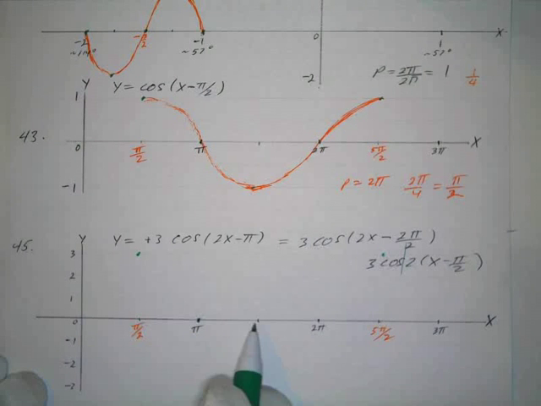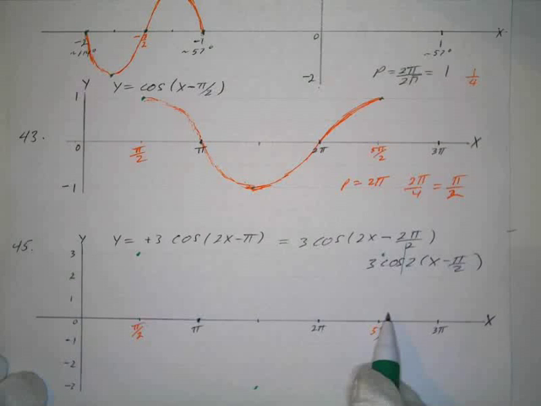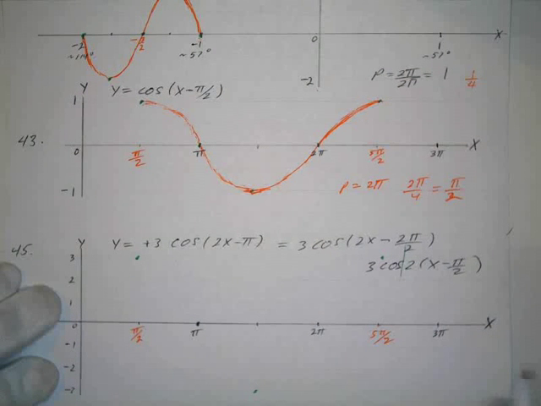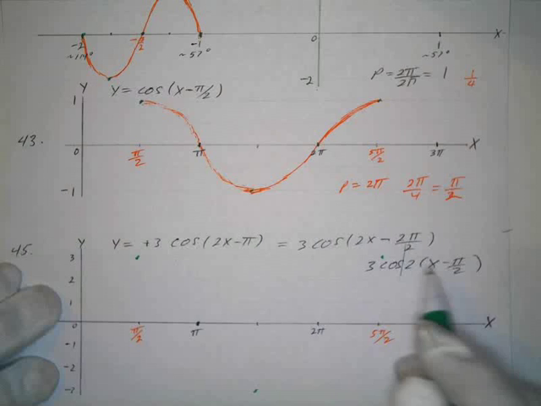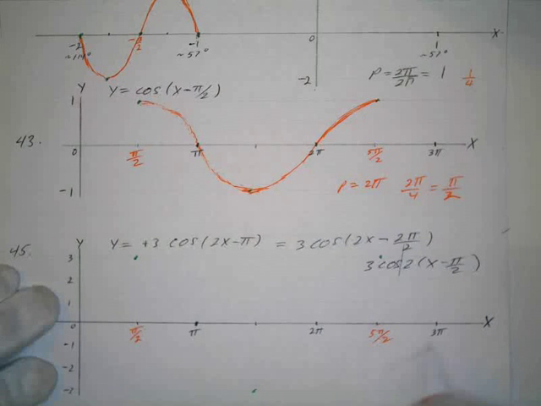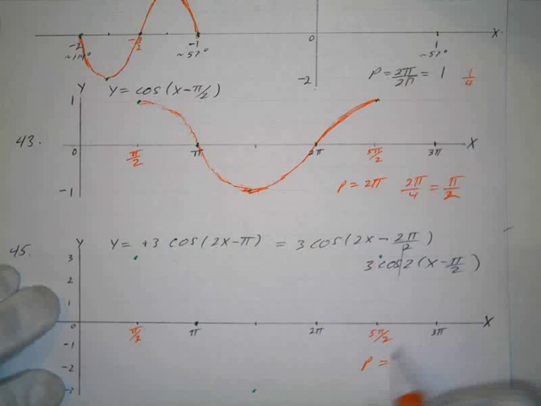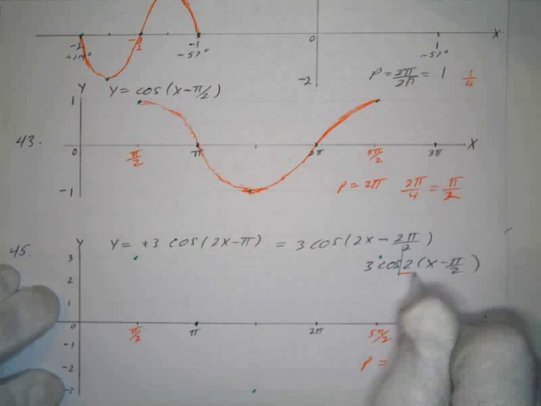Oh wait, just a second, what's my period? I forgot to check out my period. Period equals 2 pi over b.